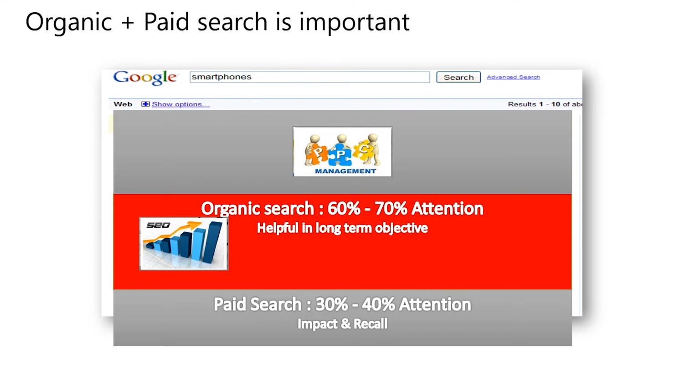So again, paid search still gets that impact and recall by positioning your brand, service or product in front of users for the keywords or search queries that they are performing via search.